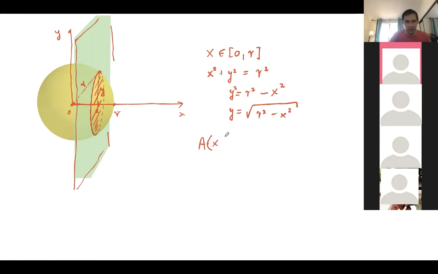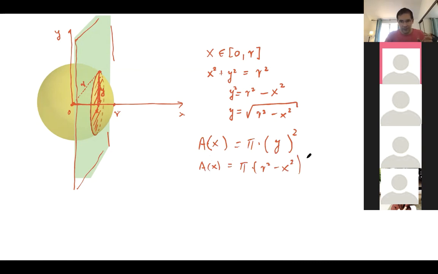But the area of this specific cross section is going to be equal to pi times the radius, and I need to square it. The radius from here to here is y, but I know that y is this number. So I can say that A of x is equal to pi times, when you square this, r squared minus x squared.